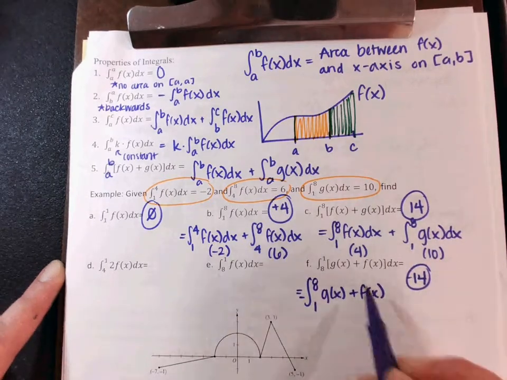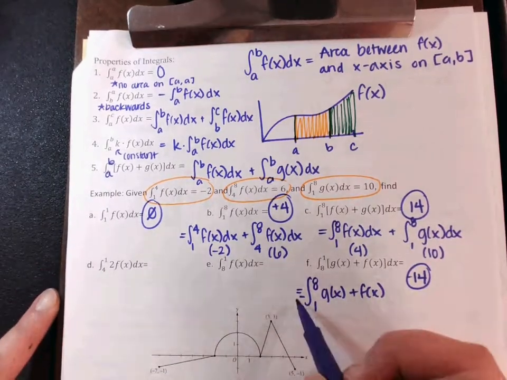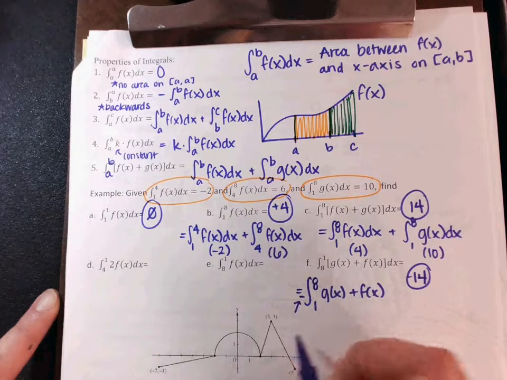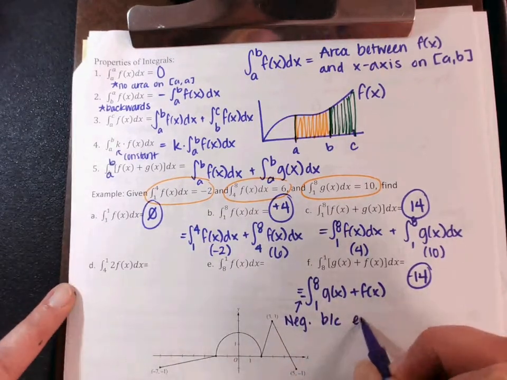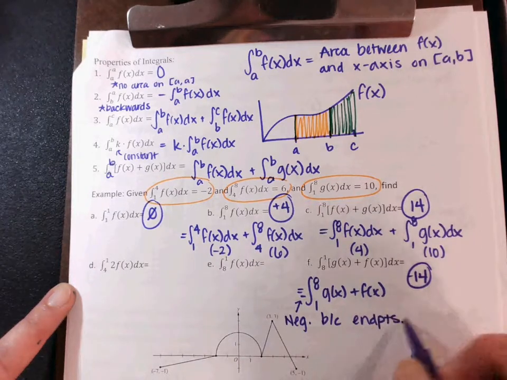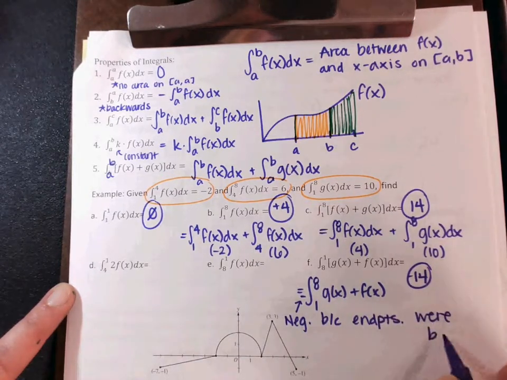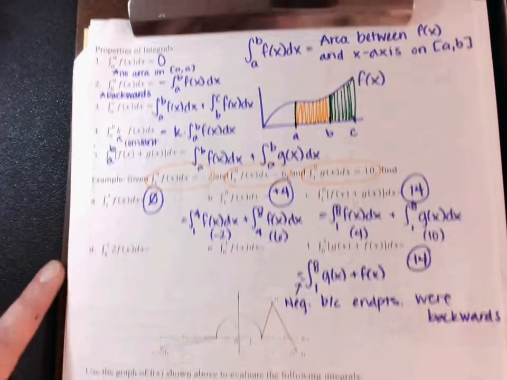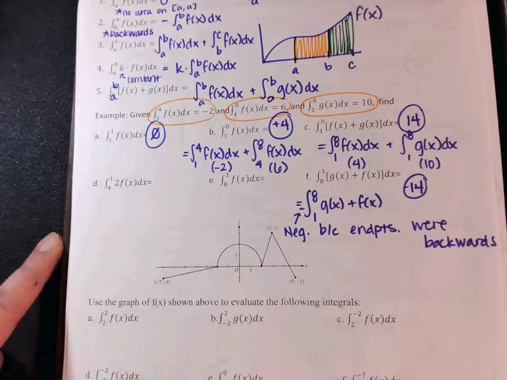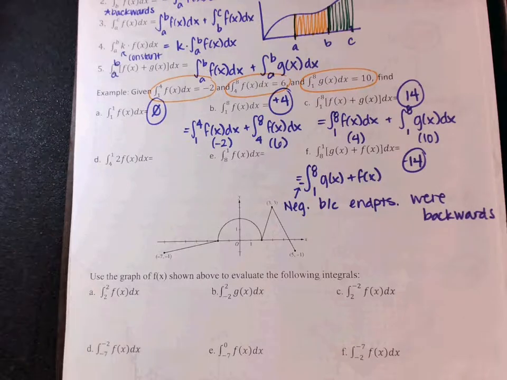And so then if this one is 14, this is supposed to be a negative here in the front. Okay, it's negative because the endpoints were backwards. So it's negative because the endpoints were backwards.